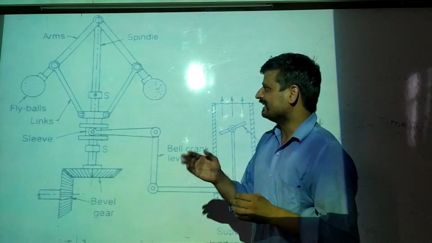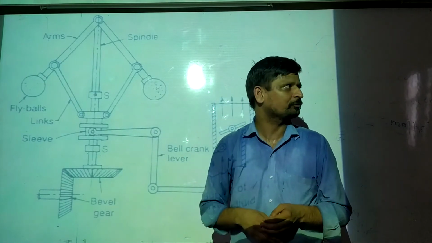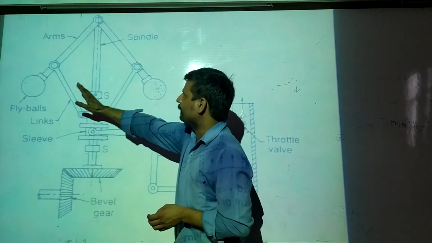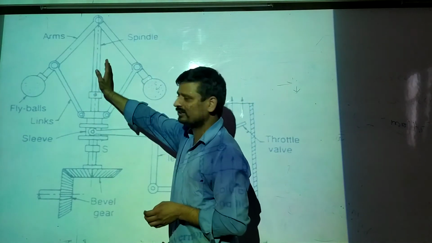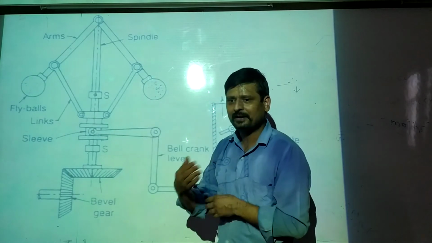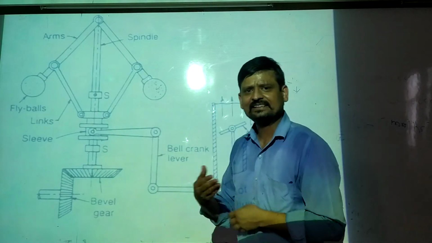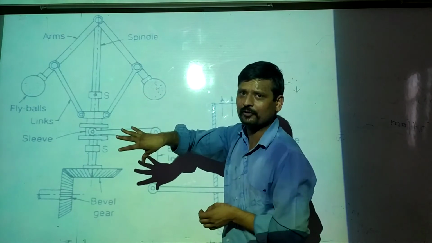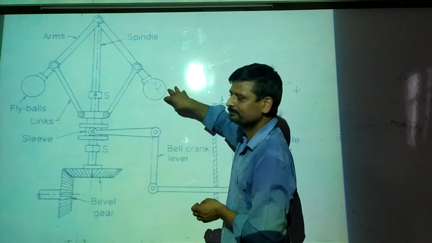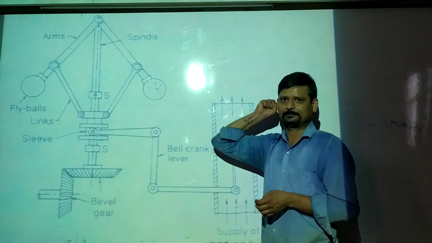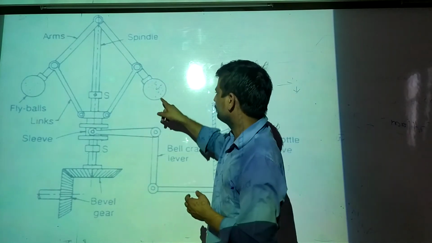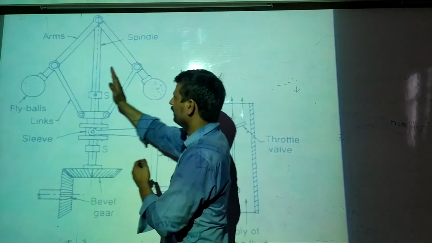Now as the speed further increases, these two fly balls, through these arms, are pivoted on the spindle. So as the speed further increases, the centrifugal force acting on the fly balls acts in the outward direction. So that causes the lifting of these two fly balls in the upward direction.